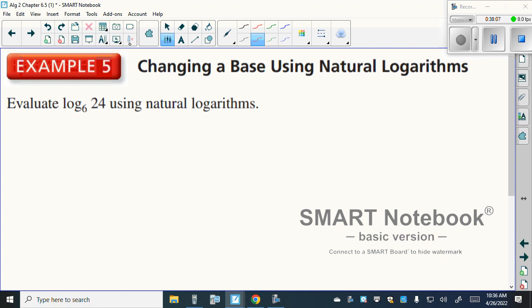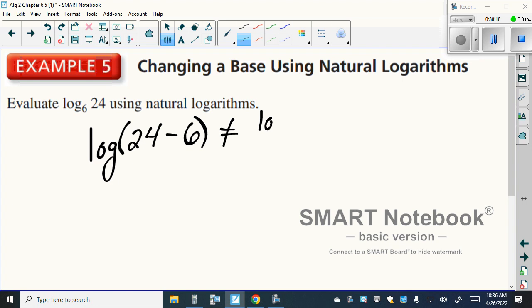And the other one that comes up sometimes is that log of 24 minus 6 is not the same as log of 24 over log of 6. Does that kind of make sense? And this here seems, well, that's obvious, we can do 24 minus 6.